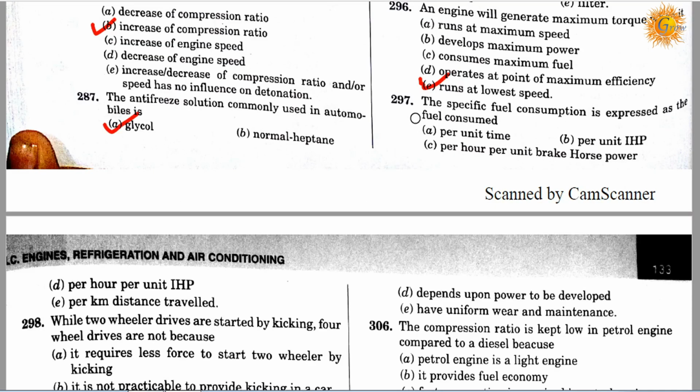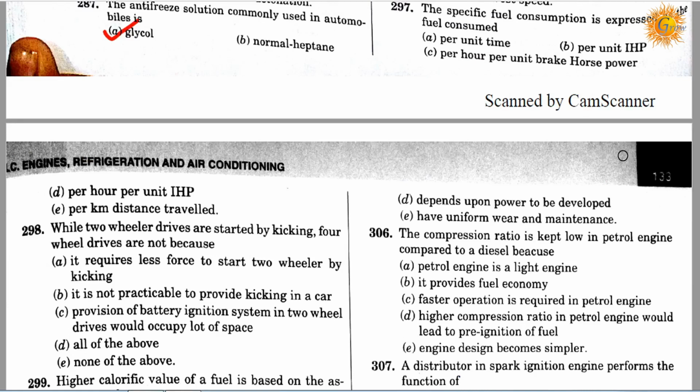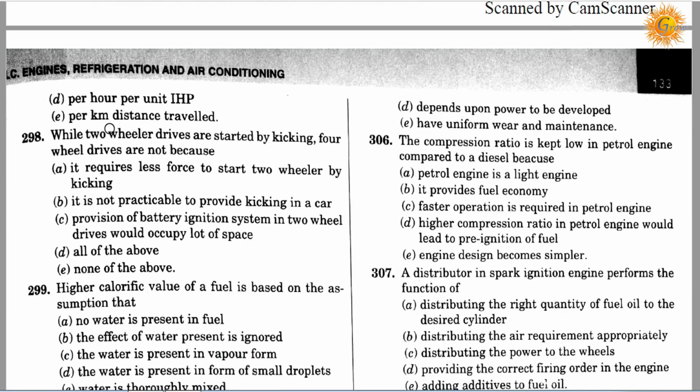Question number 297. The specific fuel consumption is expressed as the fuel consumed: option A, per unit time; option B, per unit IHP; option C, per hour per unit brake horsepower; option D, per hour per unit IHP; option E, per kilometer distance traveled.